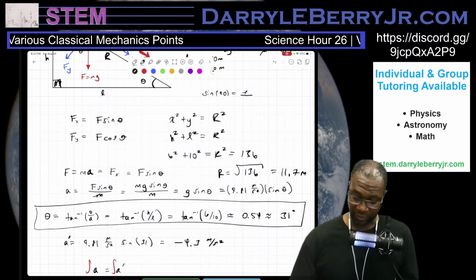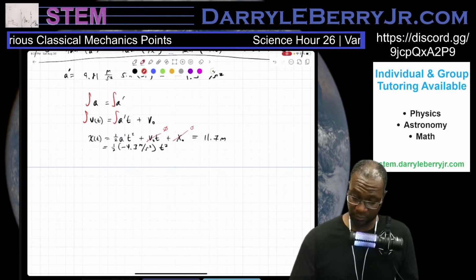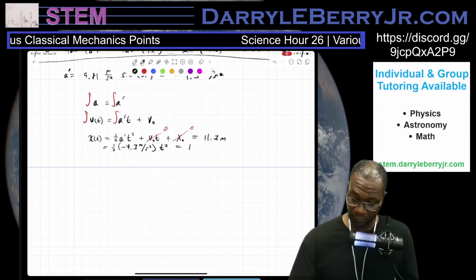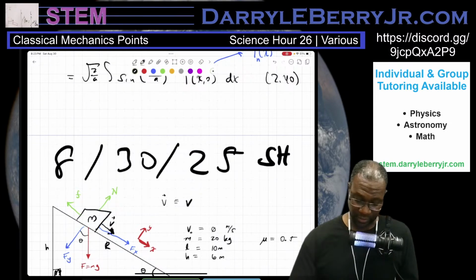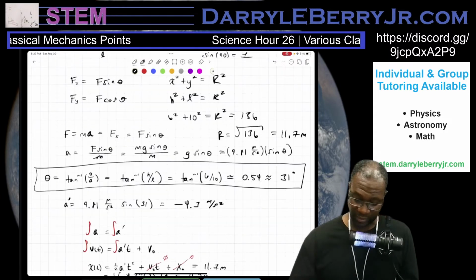And I'll denote the starting point as 0 as well. So what I'm saying is this is 0 meters and this is 11.7 meters where it ends up.